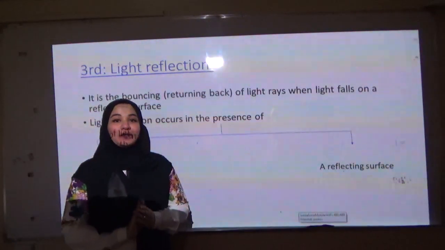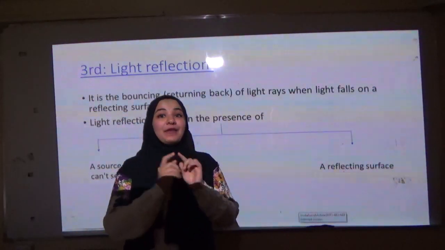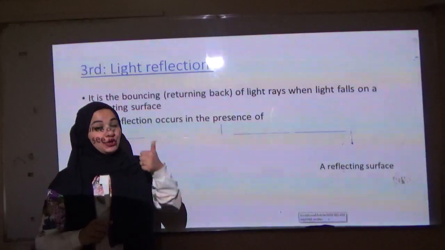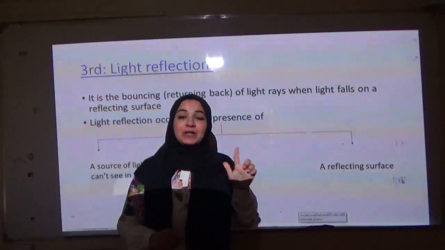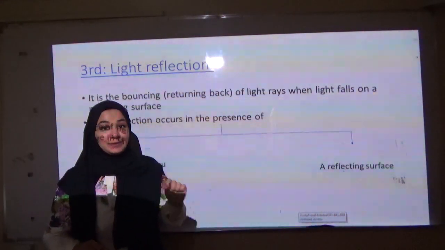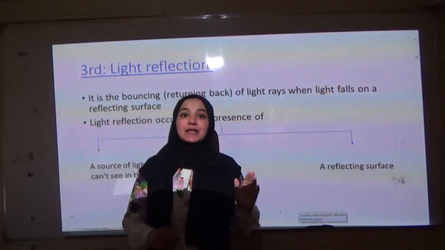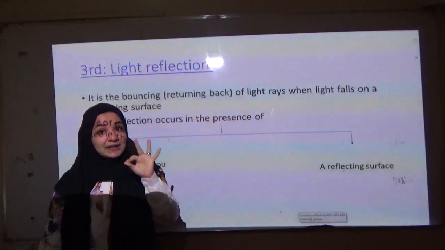Now, last time we talked about two properties of light. Number one, that light travels in a straight line. The second property that we discussed in the previous lesson is that light can transmit through different materials. And we classified these materials into three main categories.